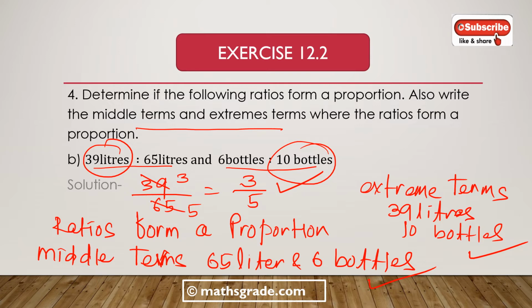So these ratios form a proportion, and the middle terms are 65 liters and 6 bottles, and extreme terms are 39 liters and 10 bottles.